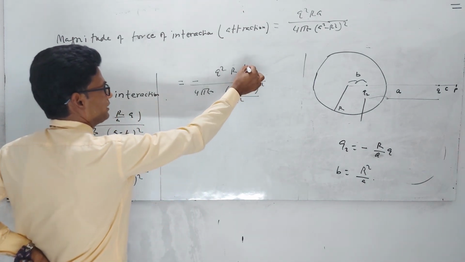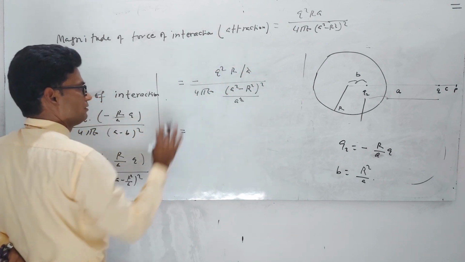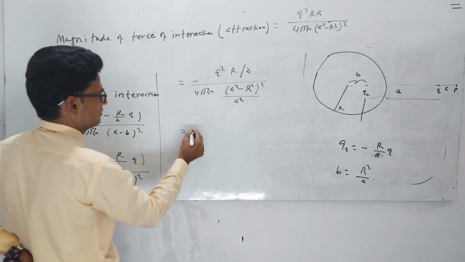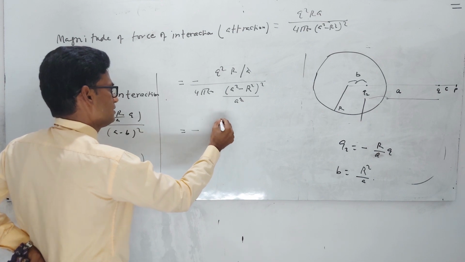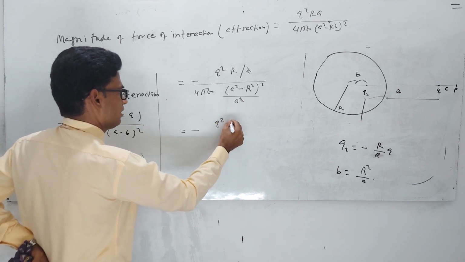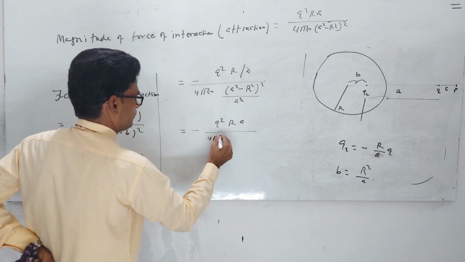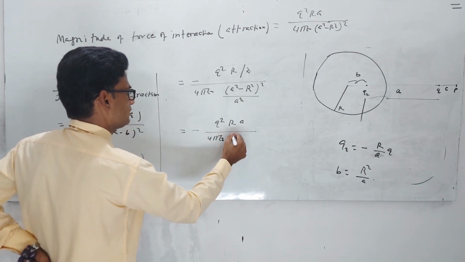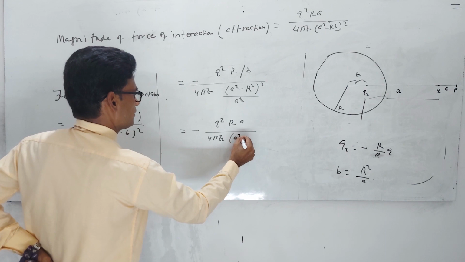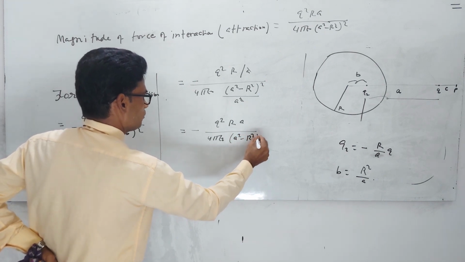So one of the A is cancelled, A goes in the numerator, and this comes out to be Q square R A over 4 pi epsilon naught, A square minus R square whole square.